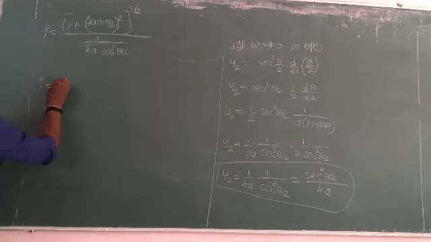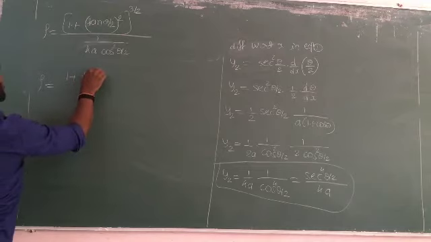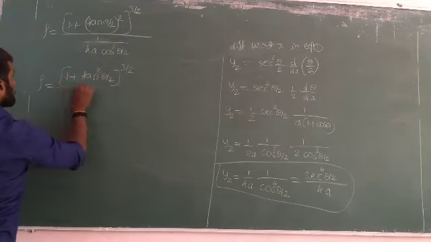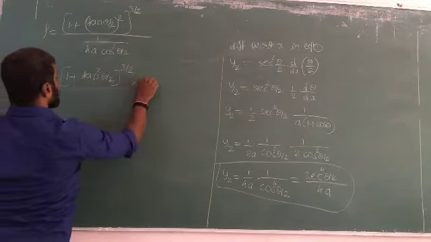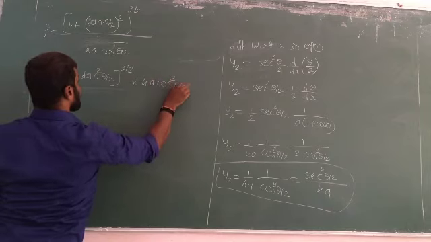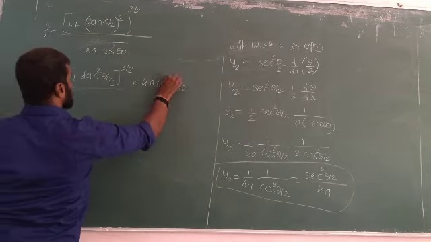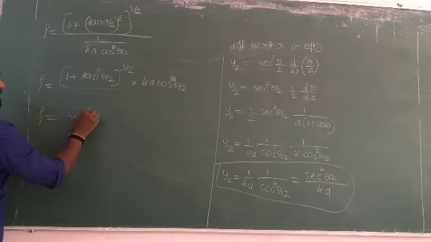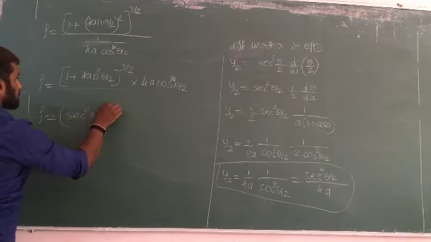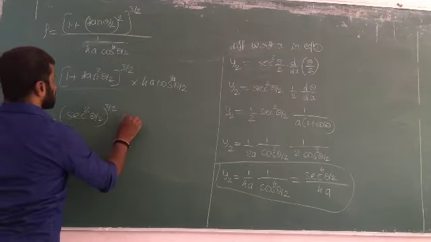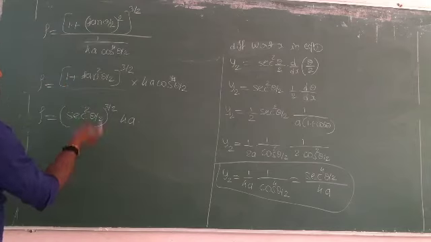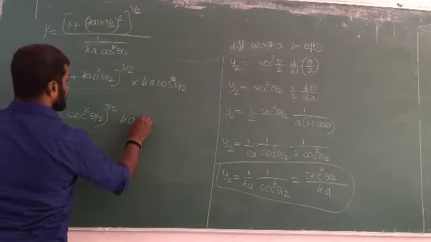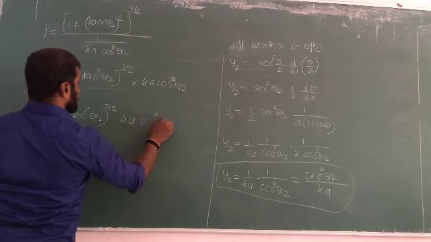Rho is equal to (1 plus tan square theta by 2) raised to 3 by 2, and 1 plus tan square is secant square. So it is secant square theta by 2 raised to 3 by 2, into 4a, divided by secant raised to 4 theta by 2.